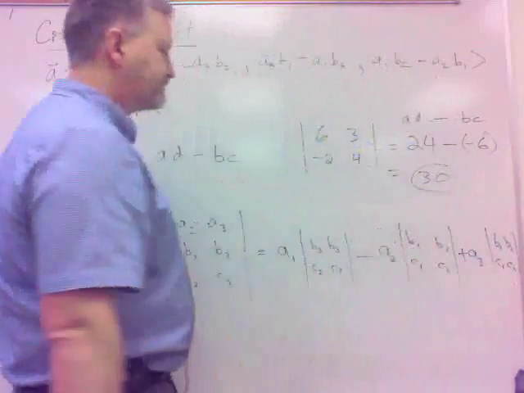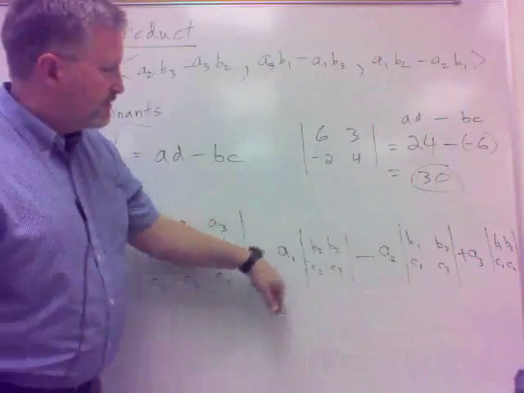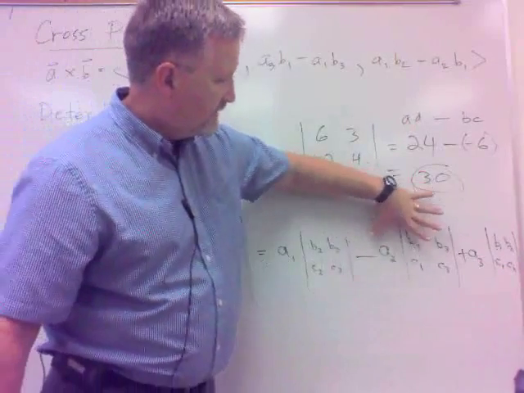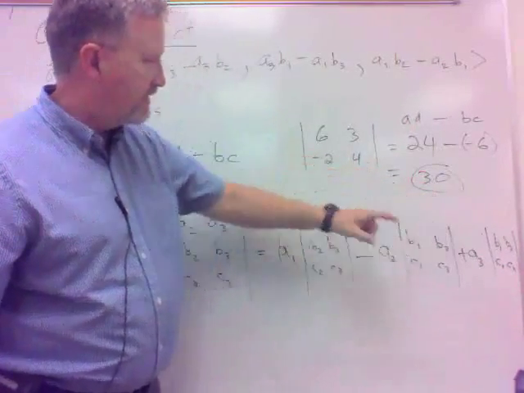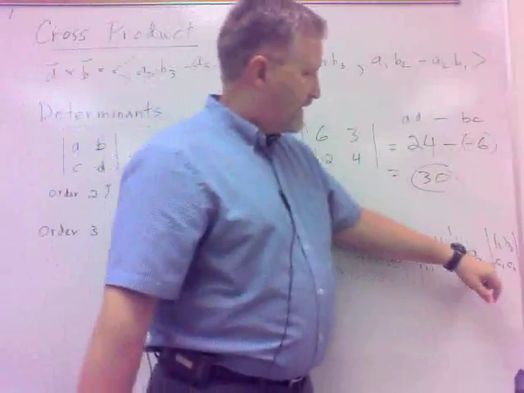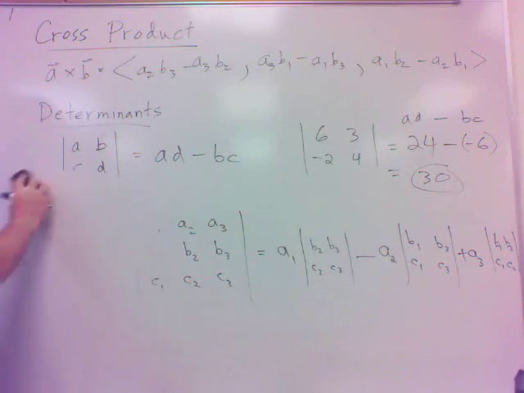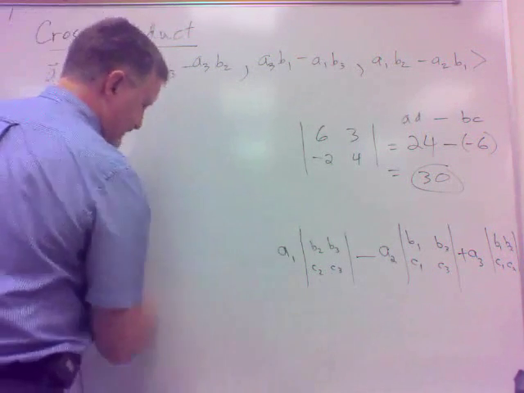Then the rest is you multiply A1 times its 2 by 2 determinant, A2 times its determinant, like we did on top. All right, so that's how we do a 3 by 3 determinant. Now, the point of all that is this cross product can be thought of in terms of a 3 by 3 determinant. Here's the way it works.